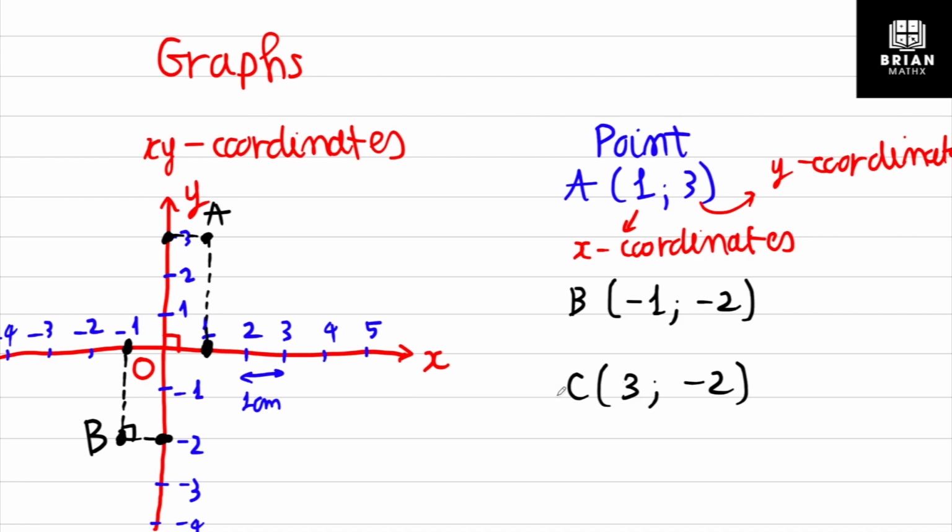So 3 is on the x-axis, -2 is on the y-axis, and from these two values you determine where point C is. That is the XOY coordinate and a little bit more about points.